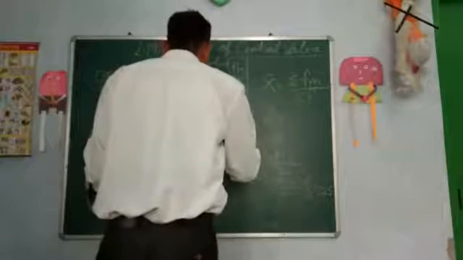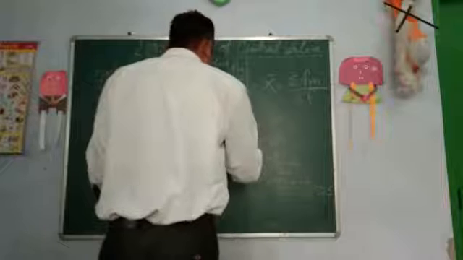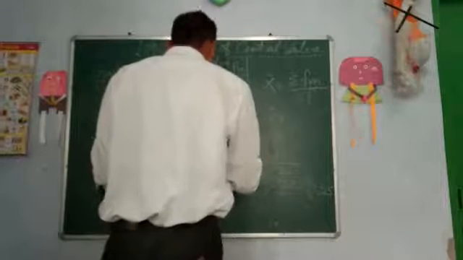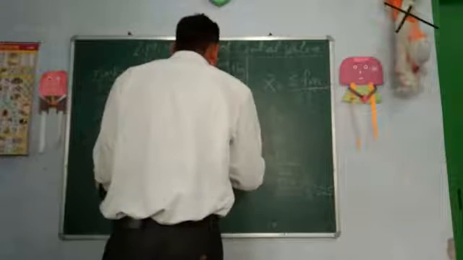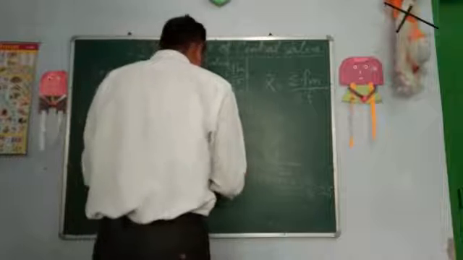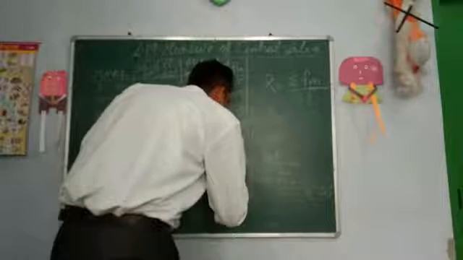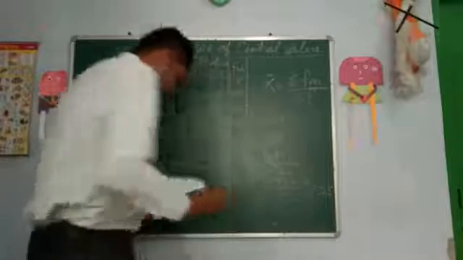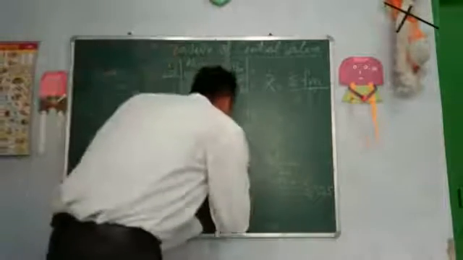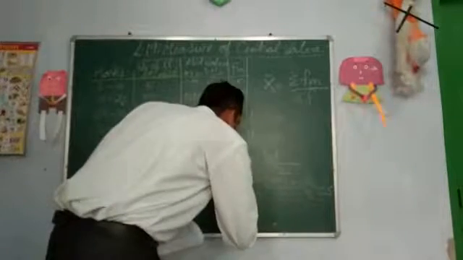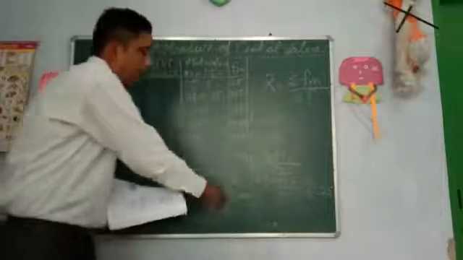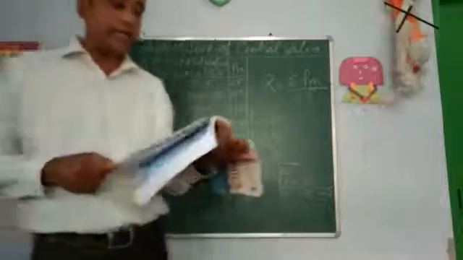Then 30 into 35, 1050. Then 20 into 45, 900. 10 into 55, 550. So what will be the sum of fm? When we add these, we will get 3300, which is the sum of fm.